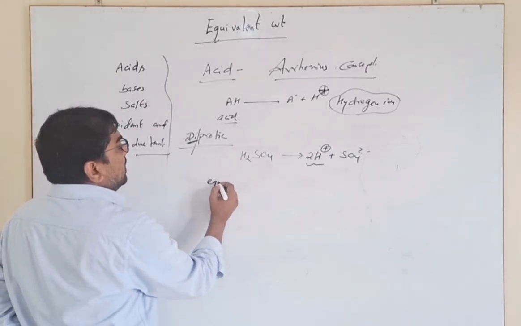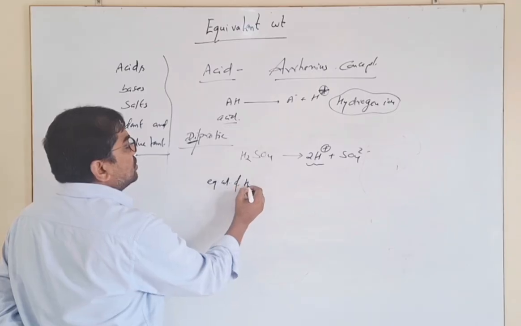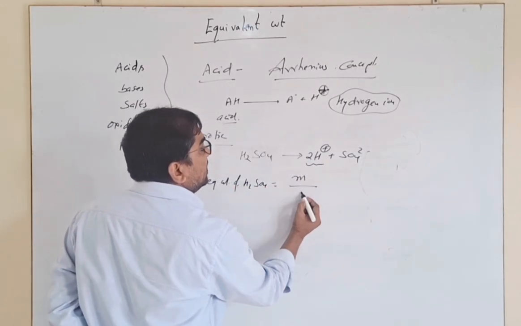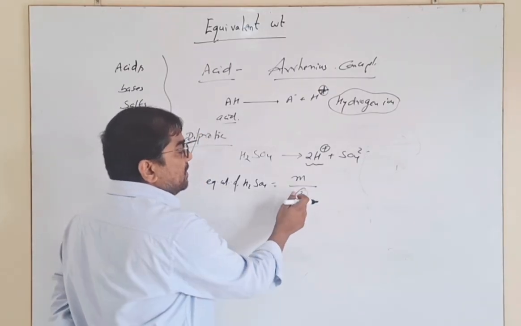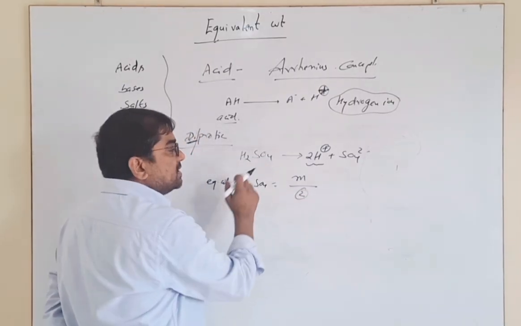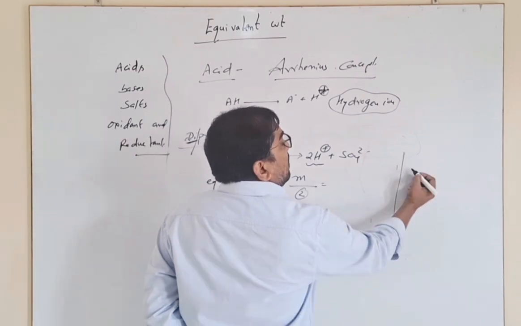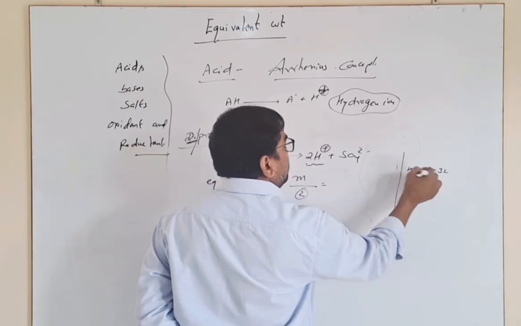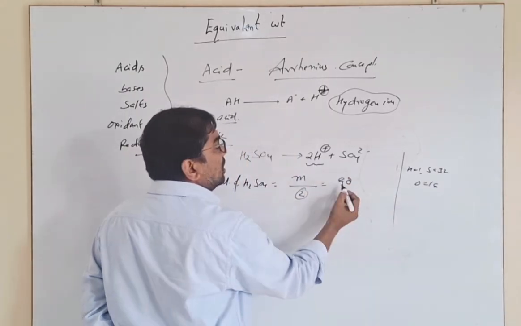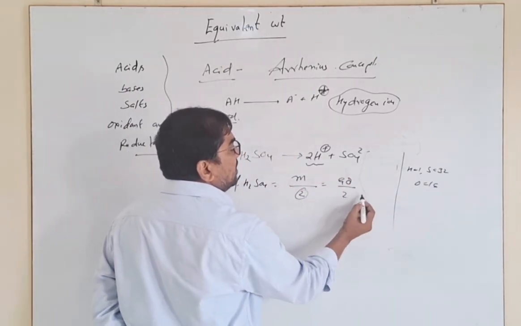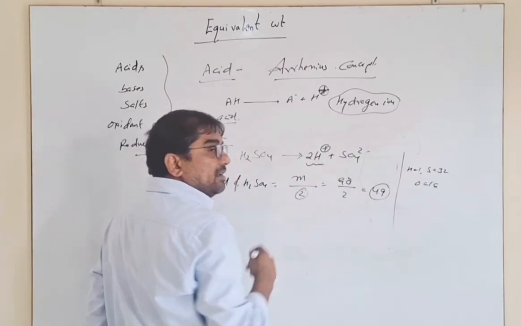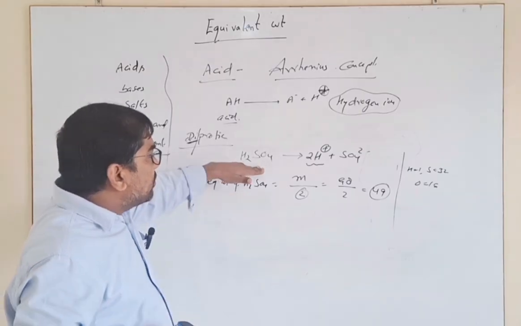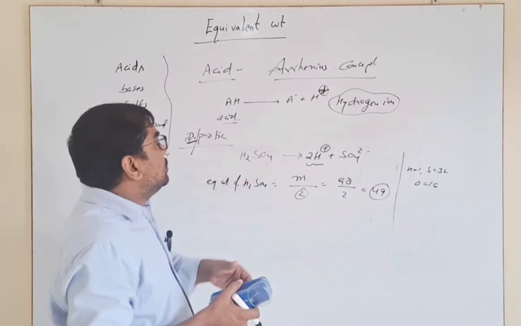Here, the equivalent weight of H2SO4 will be its molecular weight divided by 2. What is 2? The basicity of sulfuric acid. Since we know hydrogen is 1, sulfur 32, oxygen 16, putting these values we get the molecular weight of sulfuric acid as 98 divided by 2. So 49 will be the equivalent weight of sulfuric acid. For a diprotic acid, n dash will be 2.